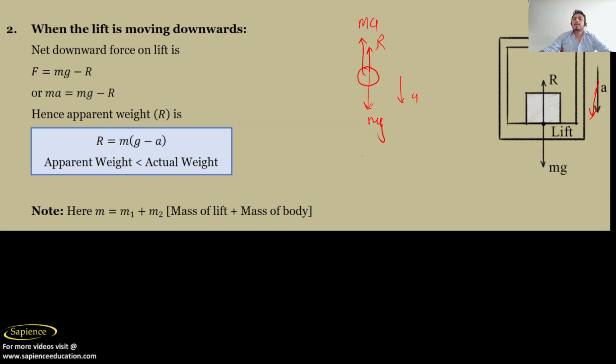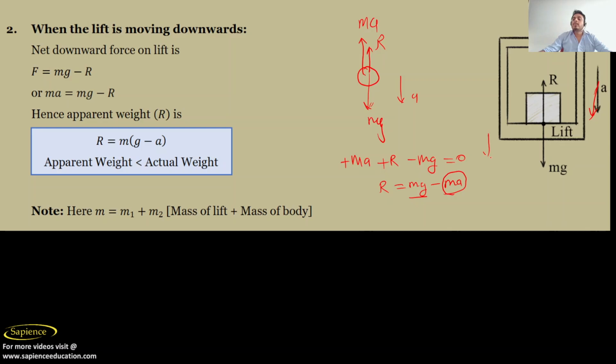Now make the sum 0. Take ma plus, because it is positive on the y-axis, plus R because it is positive on the y-axis, and minus mg because it is on the negative y-axis, and this must equal 0. So from here you can write that R is equal to mg minus ma. It means that earlier it was mg, now it has been reduced.